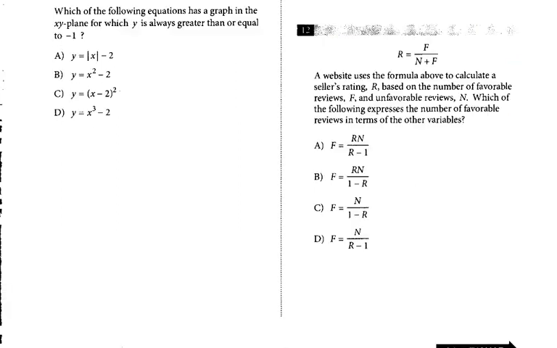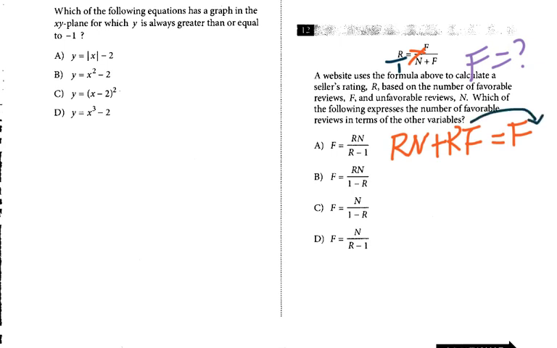And for number 12, basically we're looking for f. What does f equal? First of all, this is a fraction, so definitely we cross multiply. I would get r times n plus r f equals f. Then you could see this is a linear equation, right? So we isolate the f on one side.